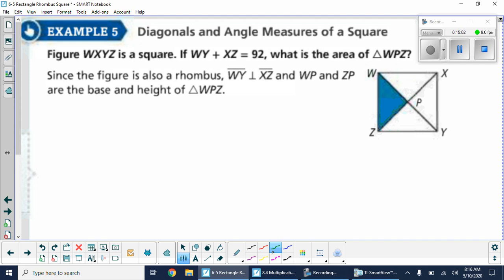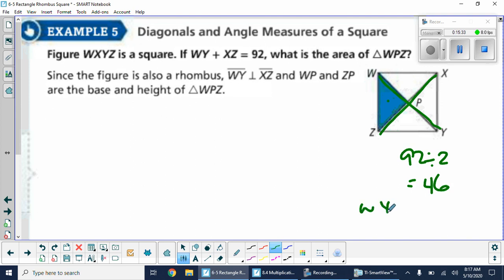So it says here that WY plus XZ is 92. So what is the area of this triangle filled in? Well, first of all, if they add up to 92, but they're the same, first thing we're going to do is 92 divided by 2, which is 46. Each of these diagonals is 46.